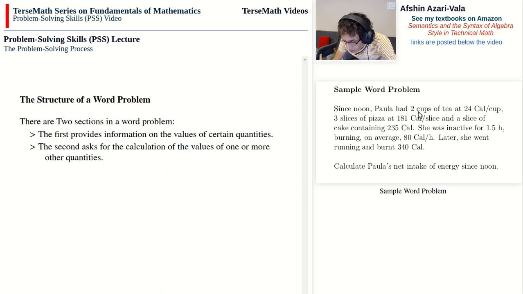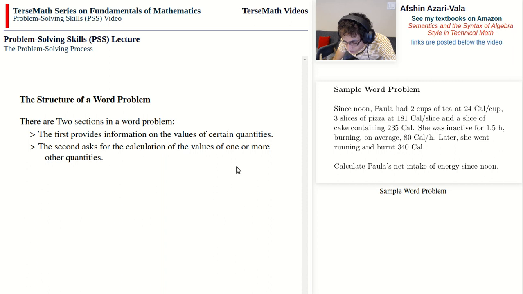So you can see this is a number of how many. This comes from counting its amount. This is the rate, the amount of energy per cup of tea. And so you can see that these are all values of quantities that are given to us.